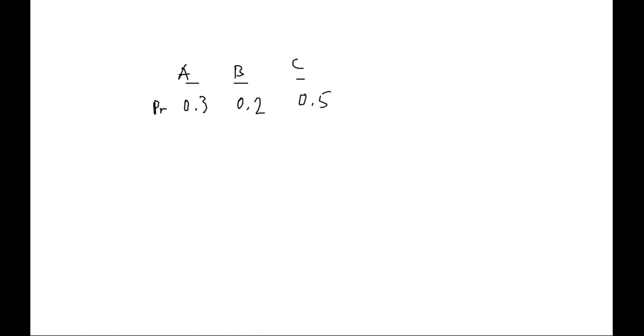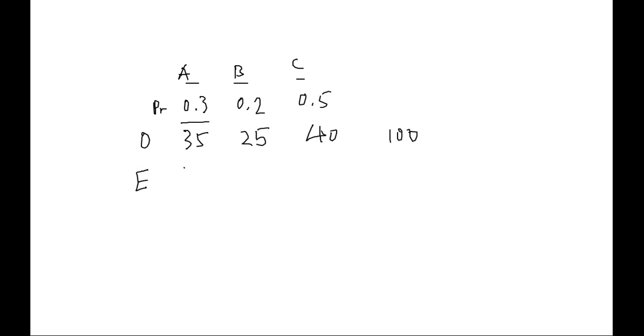So then you have your observed count. Maybe this is 35, this is 25, and therefore this one is 40. Then your expectation will be, the total is 100 here, so the expectation will be this probability multiplied by n.